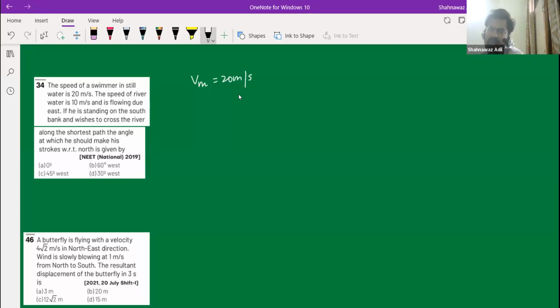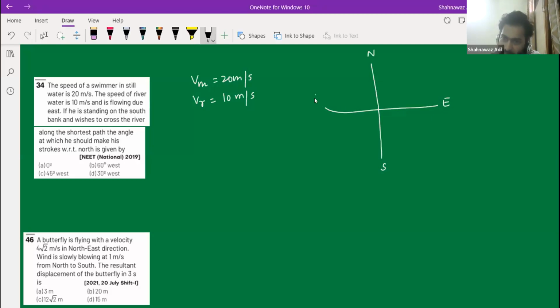The speed of the river is 10 meters per second, and it's flowing due east. So we have this direction: north, south, and east and west. So the river is flowing in this direction.